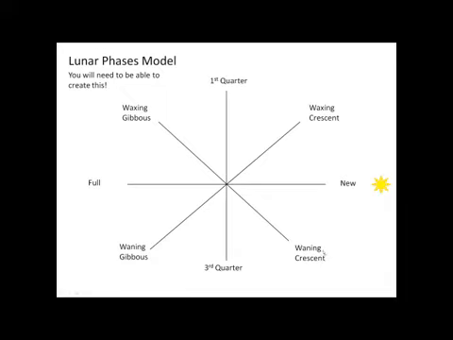Another thing to keep in mind is that cycling through all of this takes 4 weeks. So from the new moon to the first quarter is 1 week, from the first quarter to the full moon is another week, and so on. So every 2 phases is a whole week.